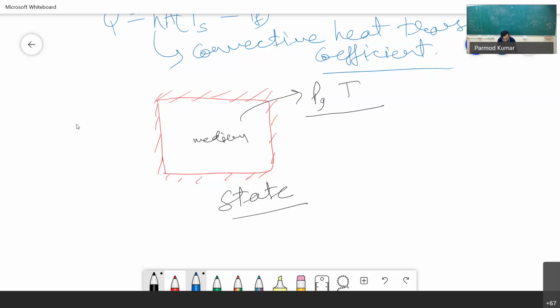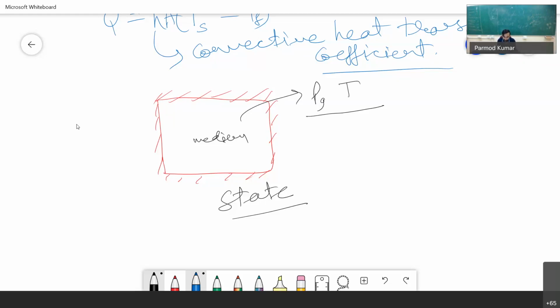Not entirely, sir. So what I am mentioning is that when we define a thermodynamic state of the system, we consider that our system is in thermodynamic equilibrium. If the system is in thermodynamic equilibrium, then within the system we have uniform property everywhere. If we have uniform property everywhere, then there will not be any change in the property of the system.